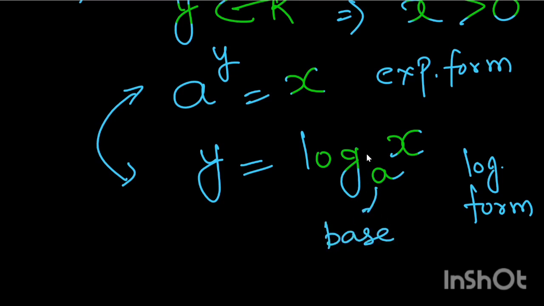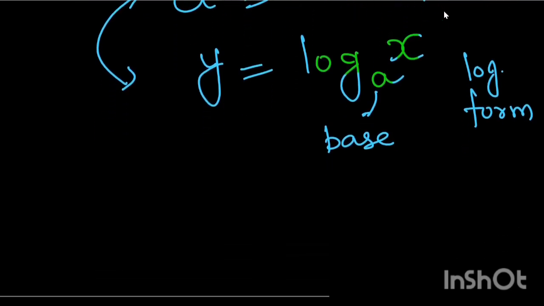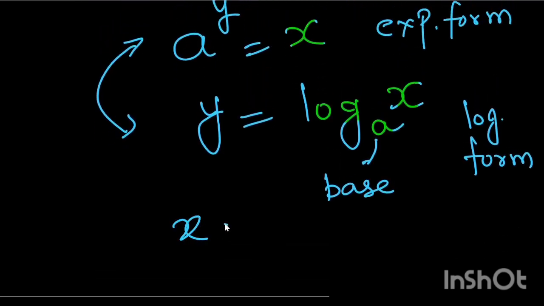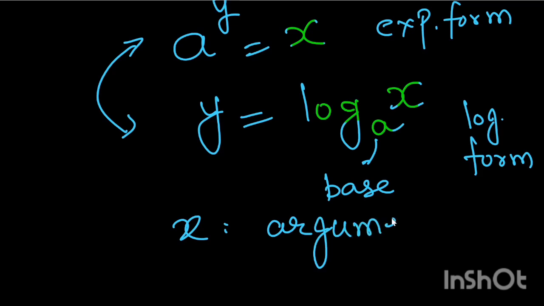And whatever is written directly in front of log, which is x, is called the argument of the logarithm. So log x base a, and y is the value of the logarithm, which is any real number.